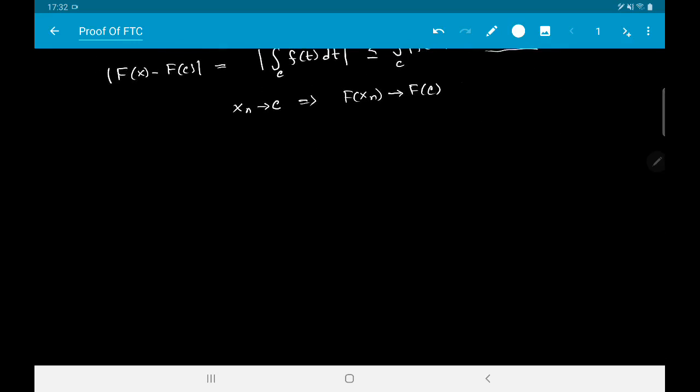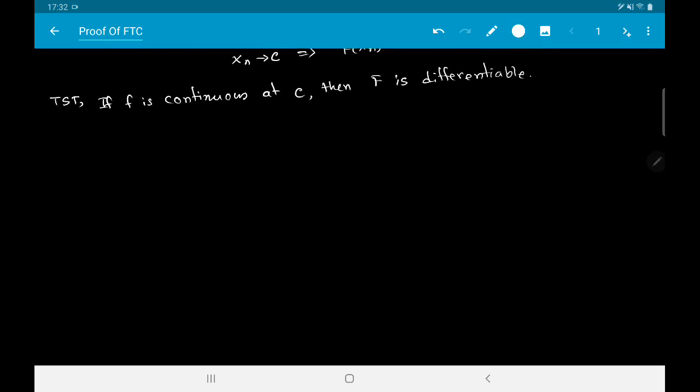Next, what we want to show? We want to show that if f is continuous at c, then big F is differentiable. Well, let us try to prove it rigorously. So what do we do here? We define a function F1.